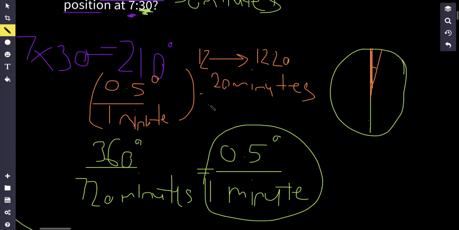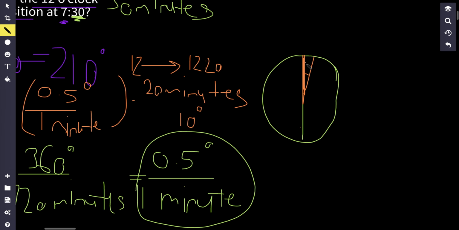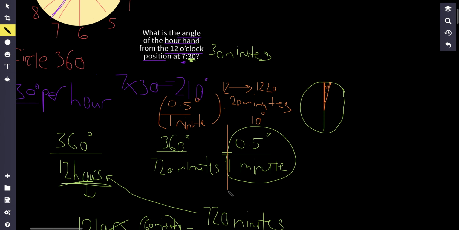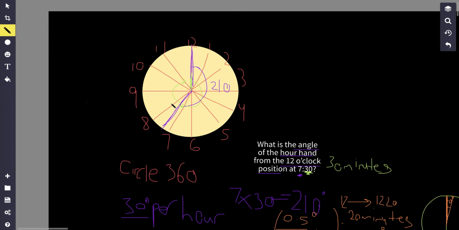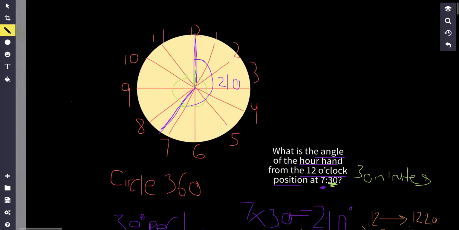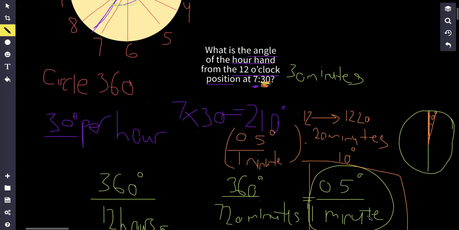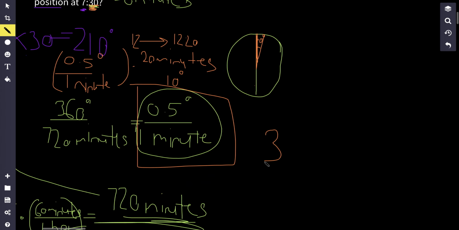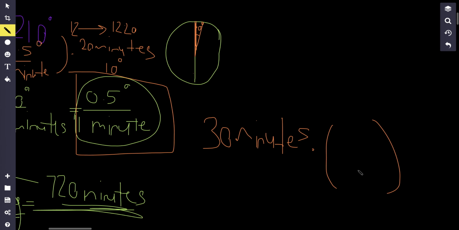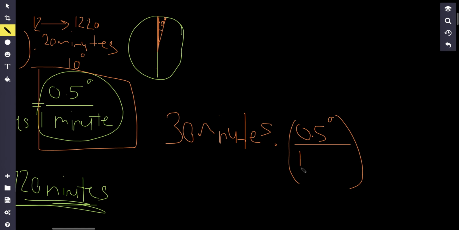So if you do the math, you get that it's a 10-degree angle. So knowing this factor, let's come back to our original problem. We said it's 7:30, right? So if we have 30 minutes, we know that our clock goes 0.5 degrees every minute.